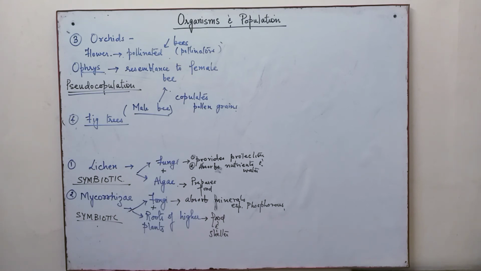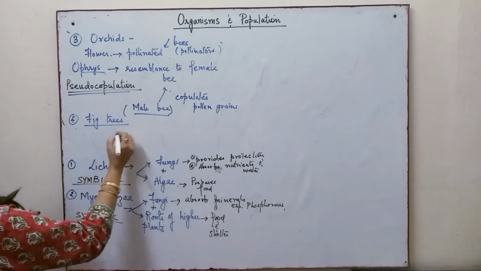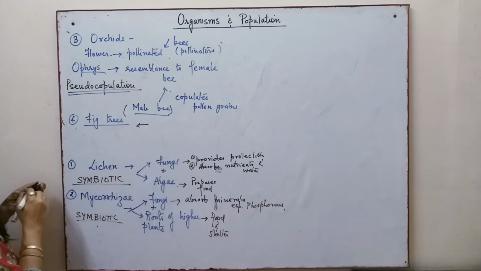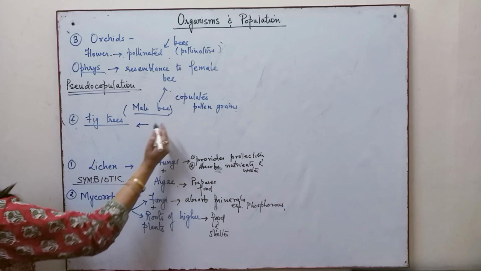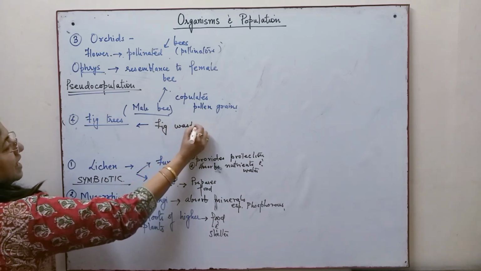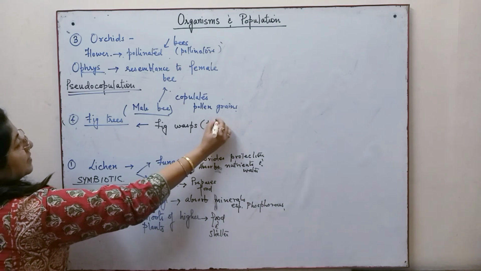But because of this arrangement, they need specific or specialized pollinators. They have fig wasps as pollinators. So, the fig trees require fig wasps as pollinators.